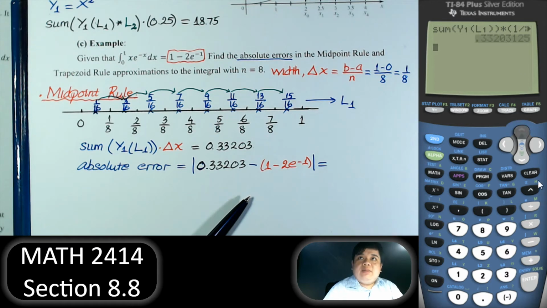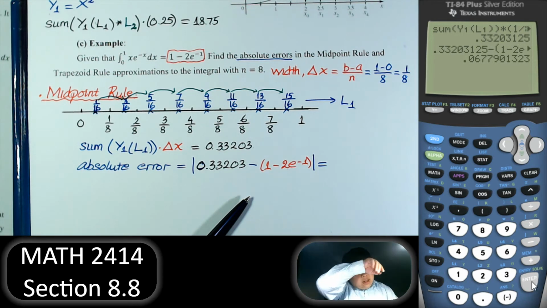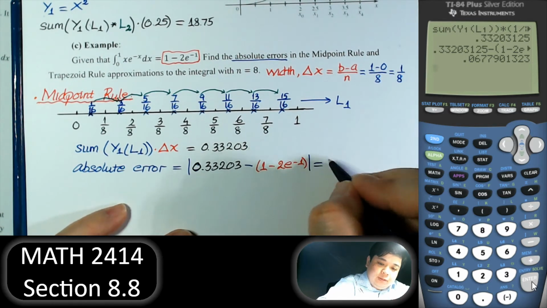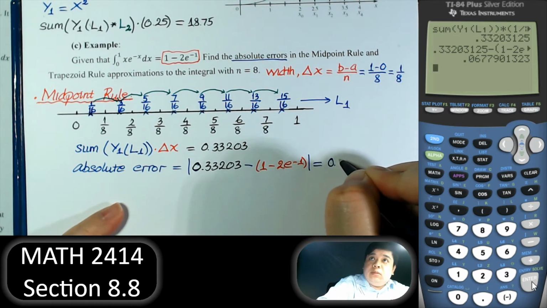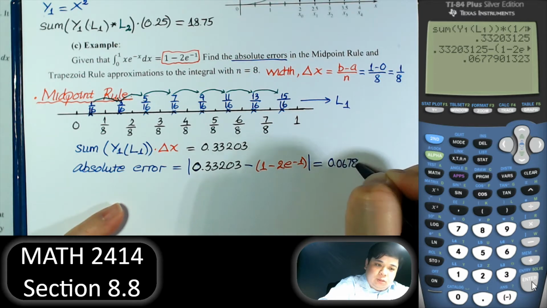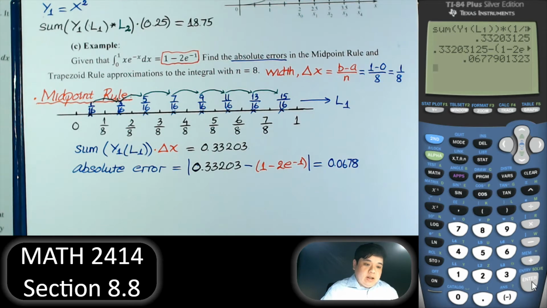So we're going to take that, subtract 1 minus e to the negative. I mean, there are 2 of them, right? So we have that. Right. That is the midpoint rule.